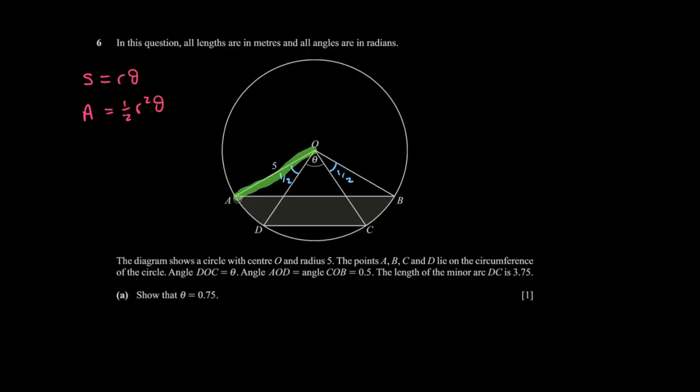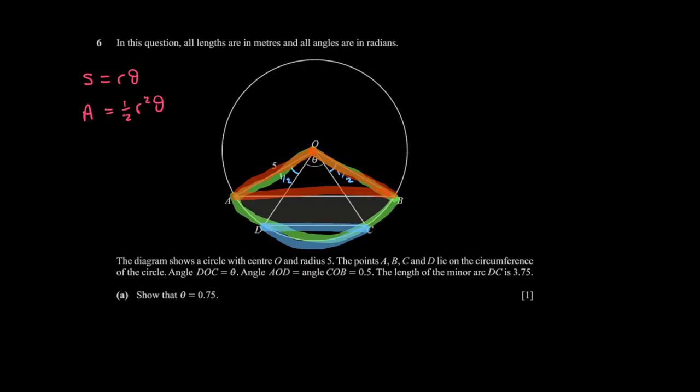So that's that big sector there. And then we can subtract off this triangle here, right? So that triangle there. And then what we would like to do is subtract off this little blue region here. Okay, so getting that blue region is probably going to be the harder one.